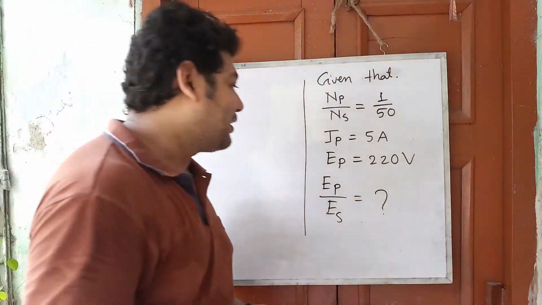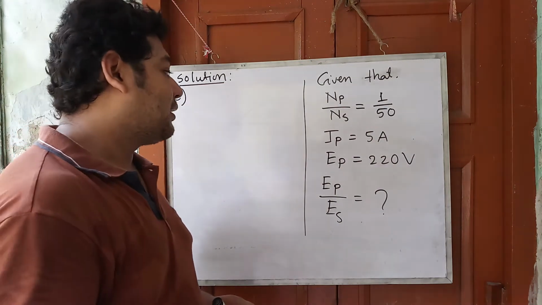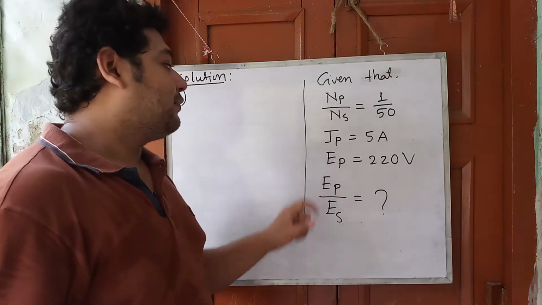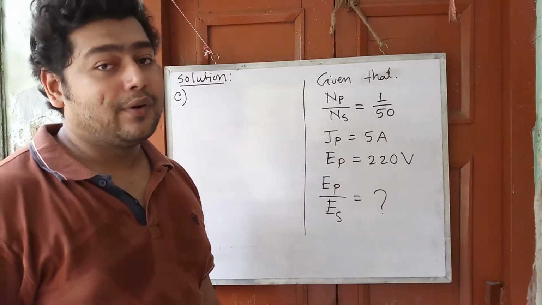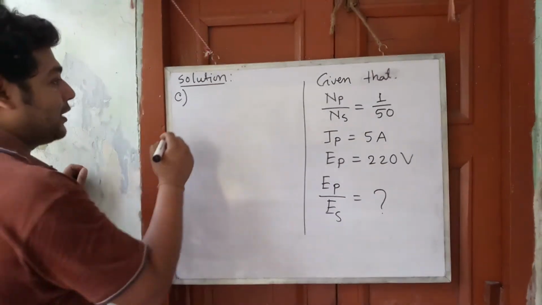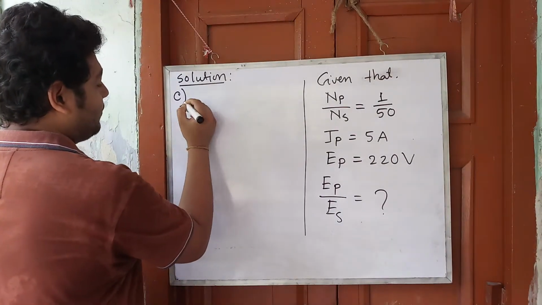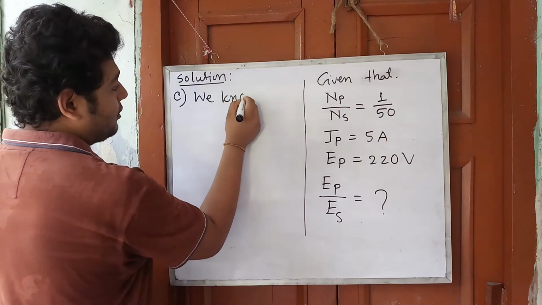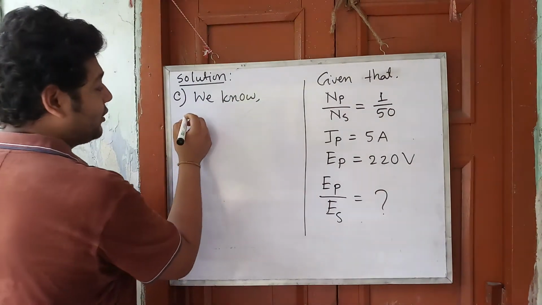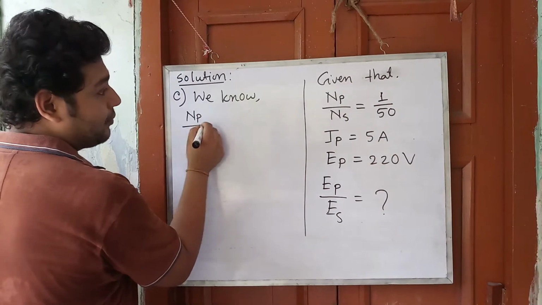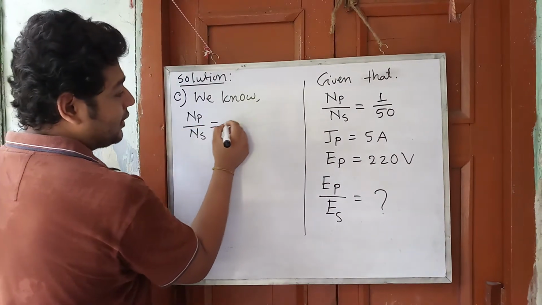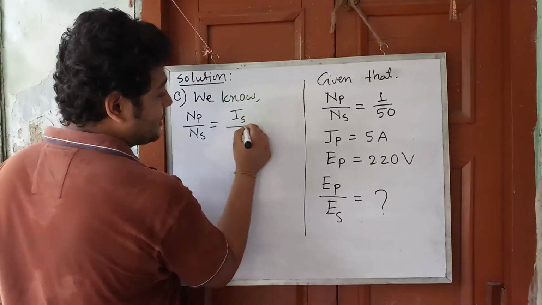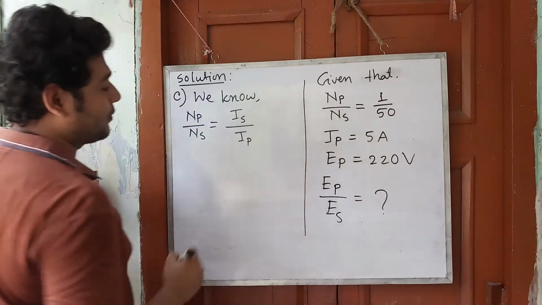First of all, we need to determine the electric current for the secondary coil. For that we know NP by NS equal to IS by IP.